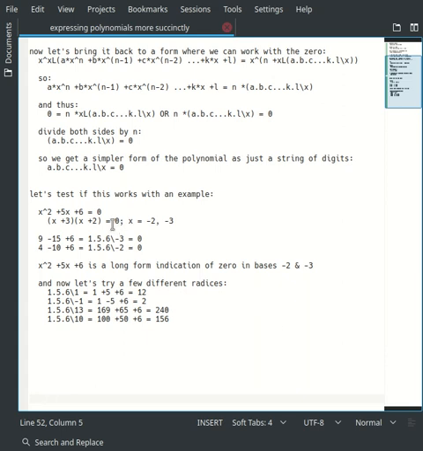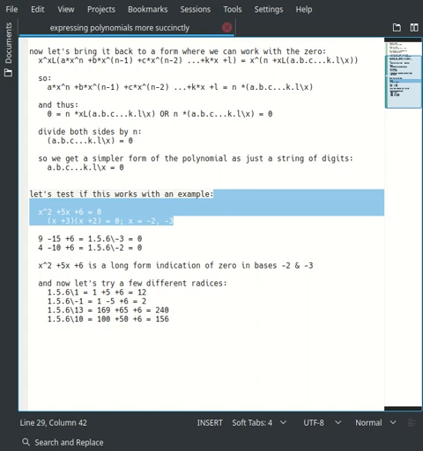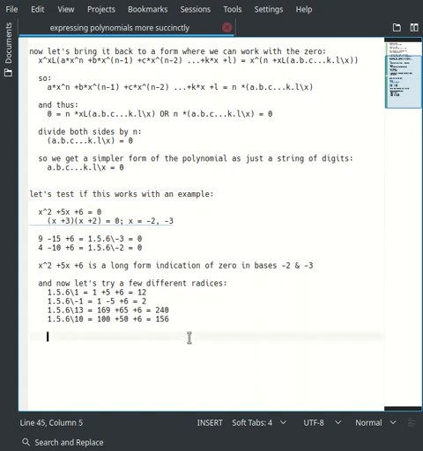Maybe we should try one where 1 or -1 is a solution, just to show you that it actually does work. Let's drop this in somewhere over here. So let's do positive 3, -1. So we should get our solutions being 1 and -3.